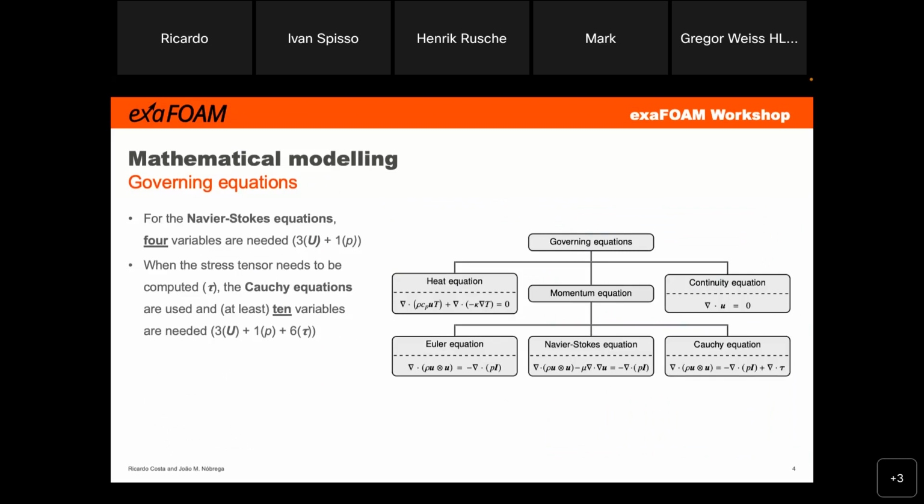And this equation involves velocity, as usual, the pressure, and also the stress tensor. So we usually have 10 variables, but if we assume that our fluid is Newtonian, as I will show in the next slide, then we can explicitly substitute this stress tensor, and we end up with the Navier-Stokes equations, which only involve our variables and are therefore easier to solve.